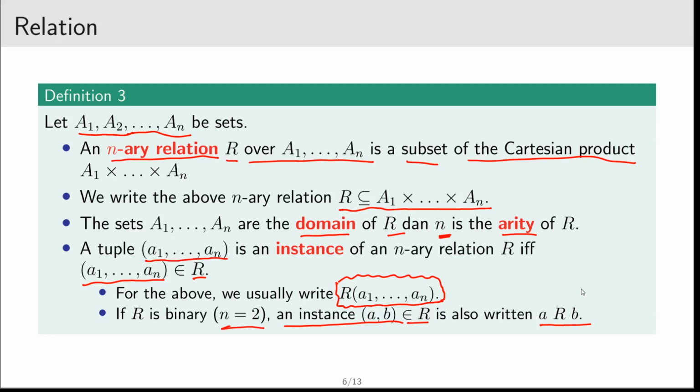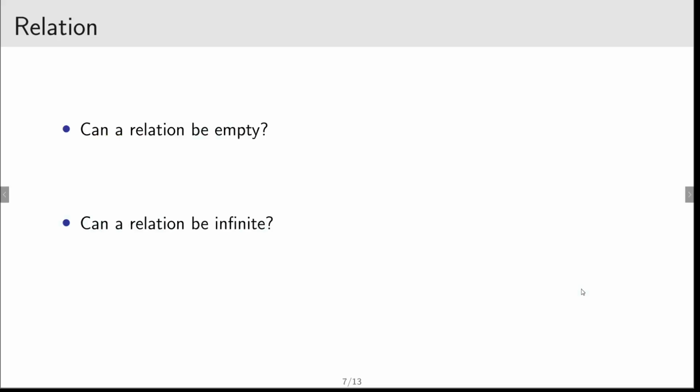So to give you more understanding, let's have a look at some examples. But before that, let's try answering these questions first. First, can a relation be empty? And the second is, can a relation be infinite?